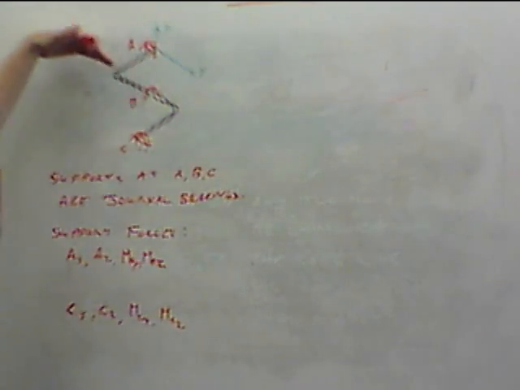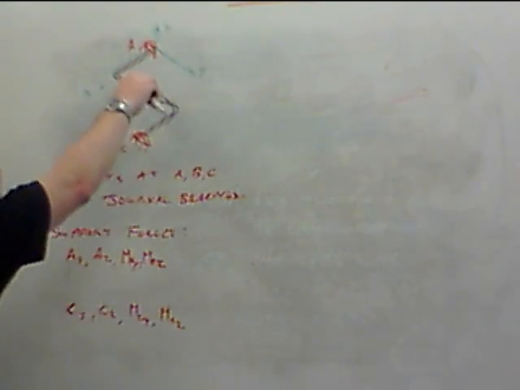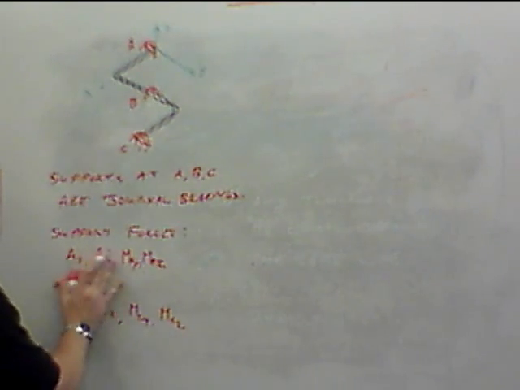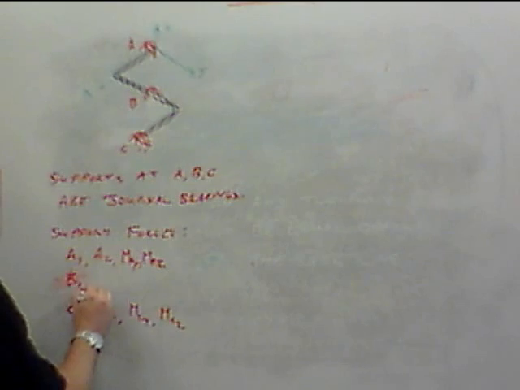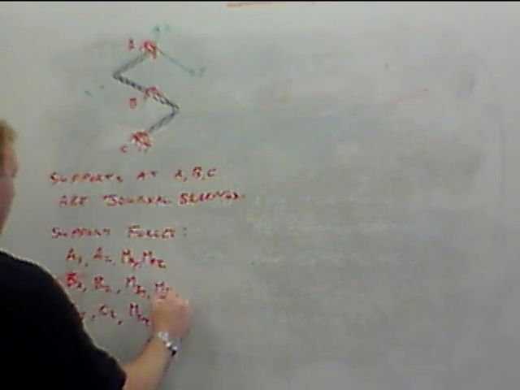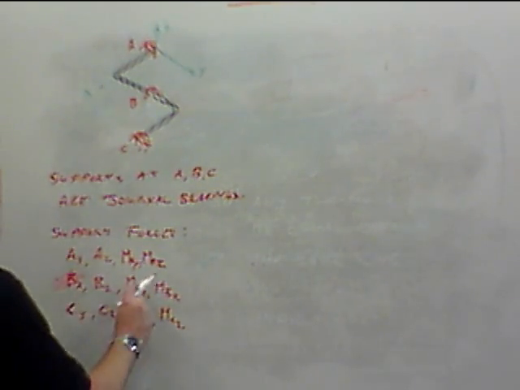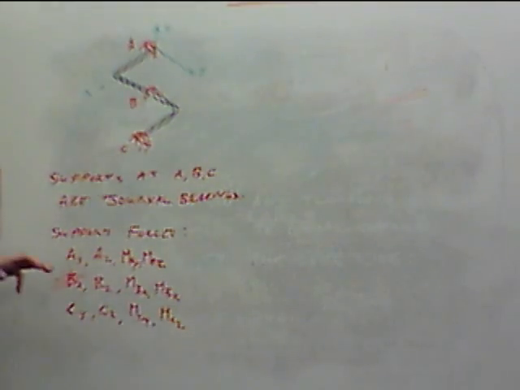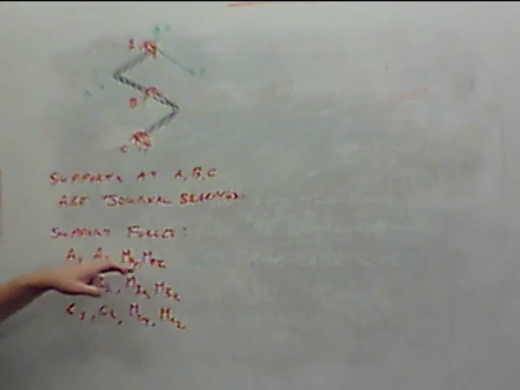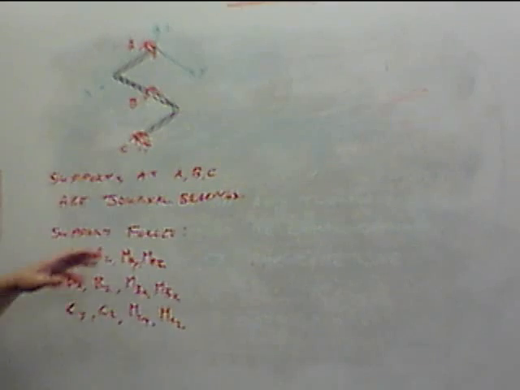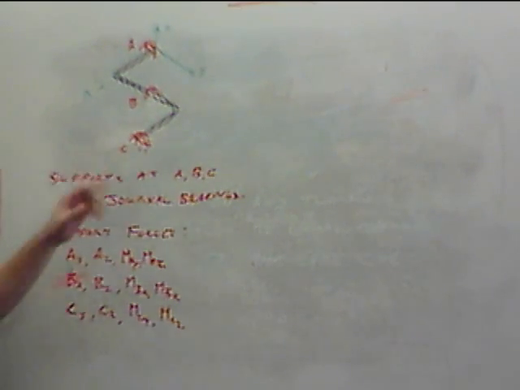This one allows movement in the Y and allows rotation around the Y, so it's going to have BX and BZ, moment around BX, and moment around BZ. So at point A, we're allowed to move in X and rotate in X. At B, we're allowed to move in Y and rotate in Y. At C, we're allowed to move in X and rotate in X.